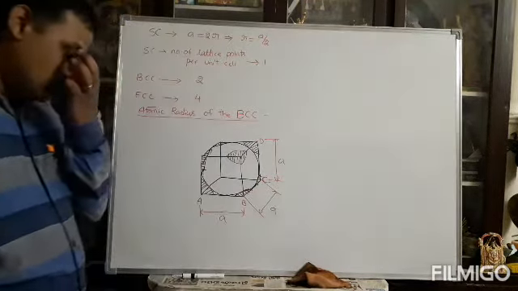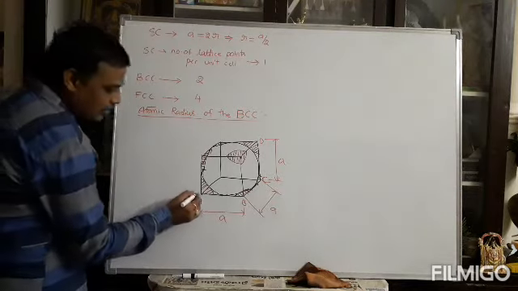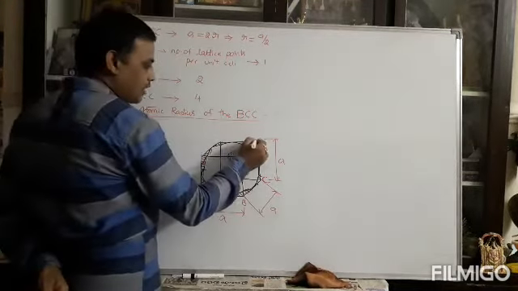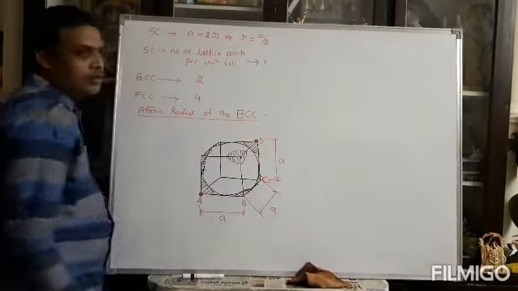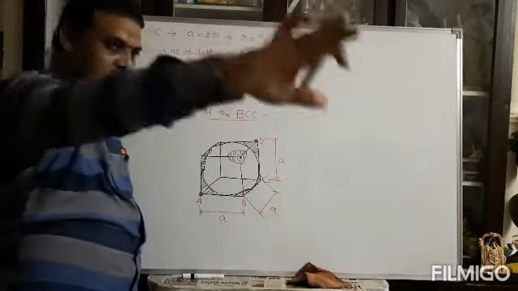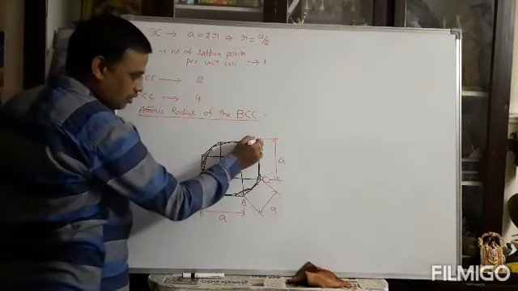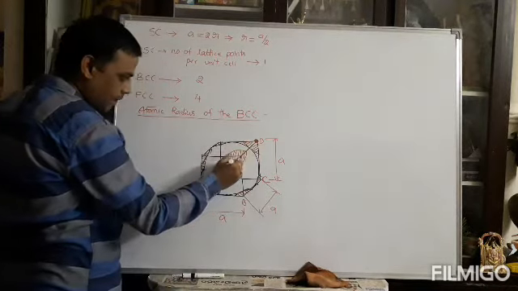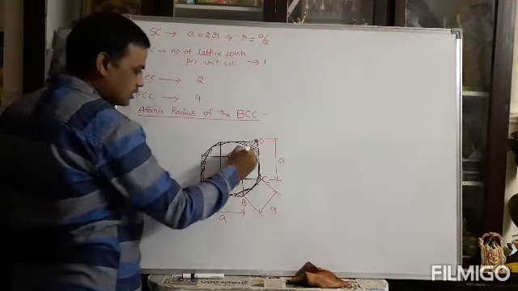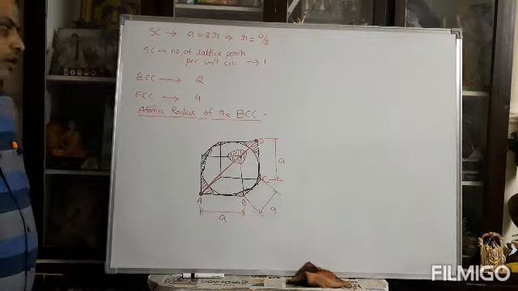First of all, you can cover the body centered atom from the bottom end point to the top end of the body. You can take any one from the bottom corner to the top corner, so the entire body is covered. You draw one line like this, which indicates the entire body contact with the corner atoms.